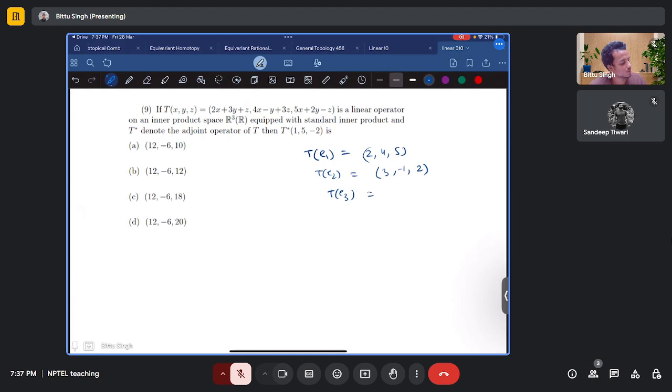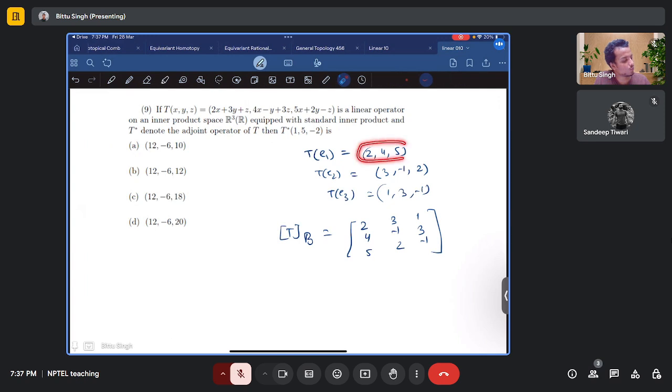So T with respect to the standard basis is the transpose of those things, since we put those vectors in columns.